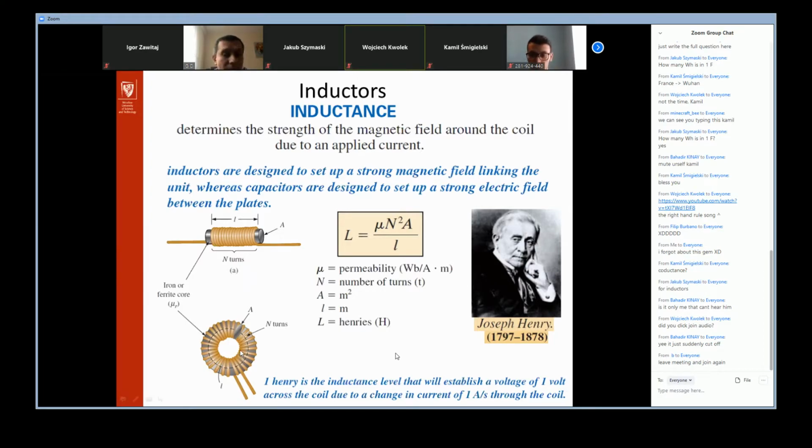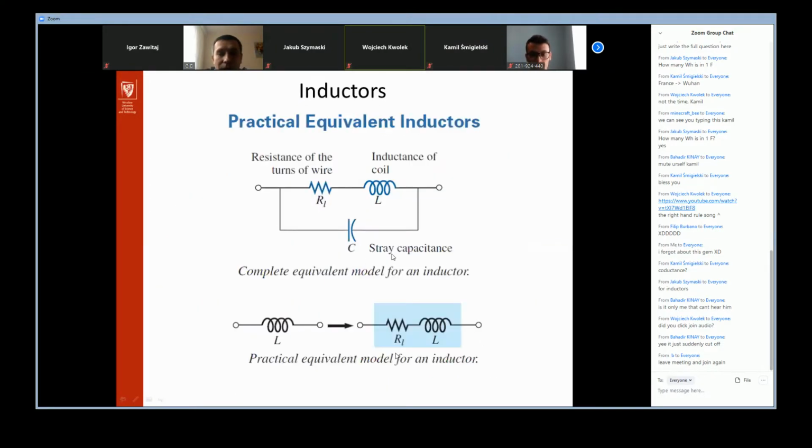Okay, so if we consider two turns, we've got the first turn and the second one, and between them there is the dielectric material. So, in fact, we can say that between them there exists some very low capacitance. This capacitance is between any turns, so we name it the stray capacitance.